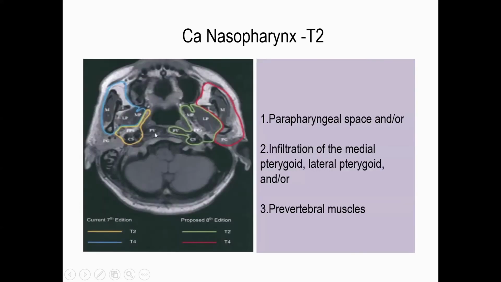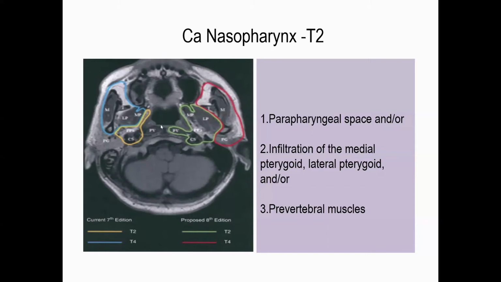Now, coming to the T2 disease. In the 7th and 8th TNM, there is a slight difference, so I will discuss what is the update. This is the 7th. You can see the tumors involving the parapharyngeal space or the carotid sheath. So the parapharyngeal space is considered as T2 disease.